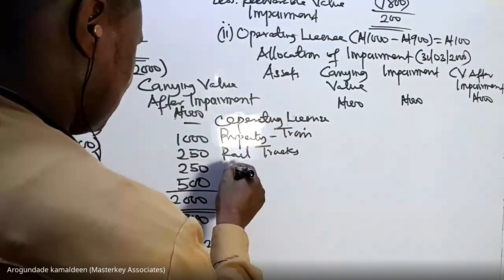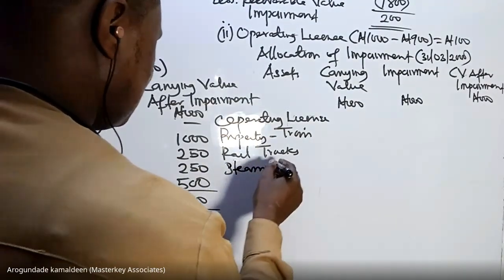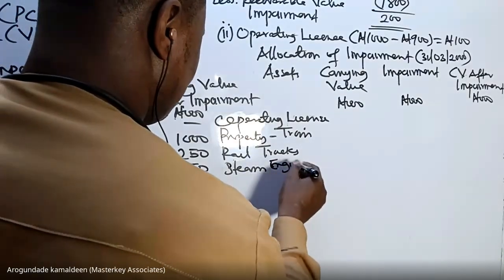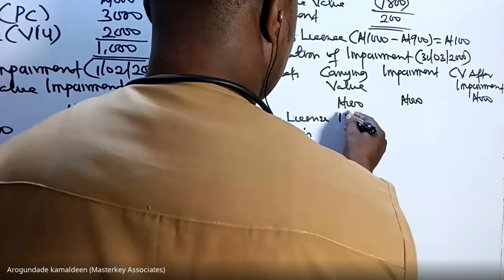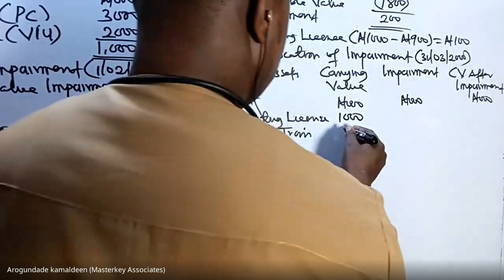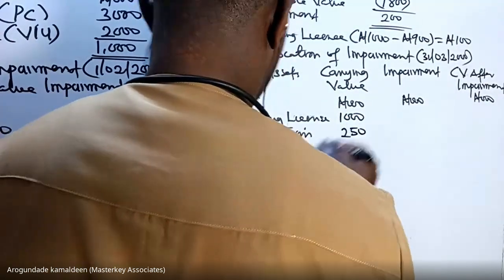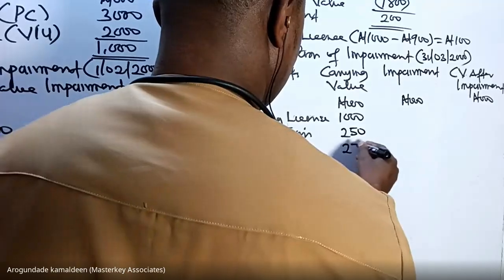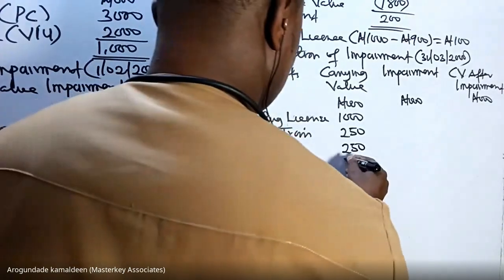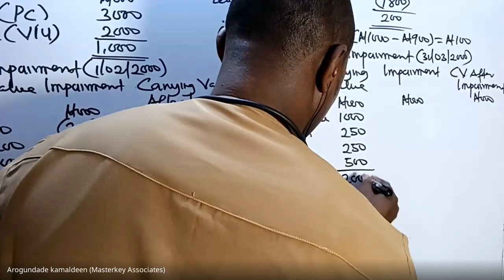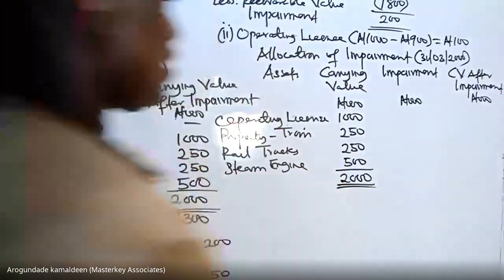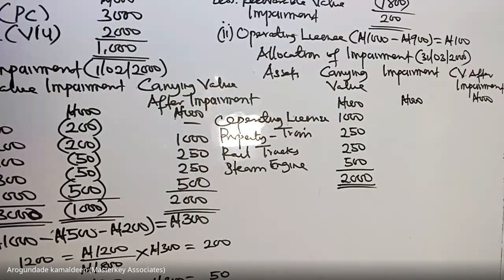It's now one steam engine. So the value here is 1,000. Here is 250. Here is 250. Here is 500. You can see you have the carrying value as 2 million. How is that, class? 2 million. Okay.